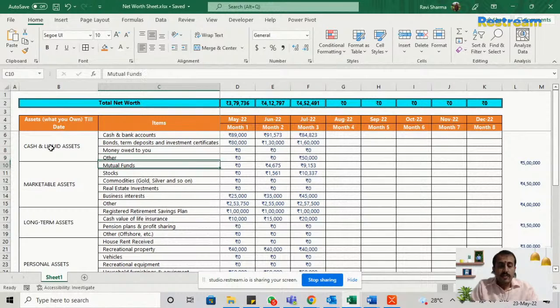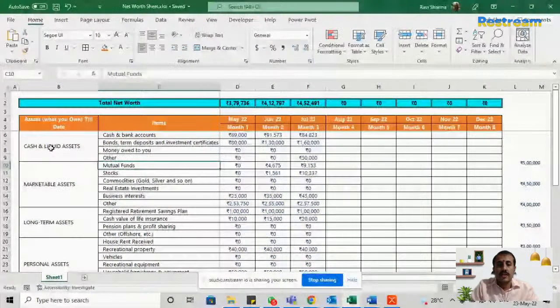Okay. So marketable assets are those assets which are marketable. We can sell them if required and earn money from them. For example, mutual funds and stocks or shares, whichever you buy from the stock exchange, and commodities.